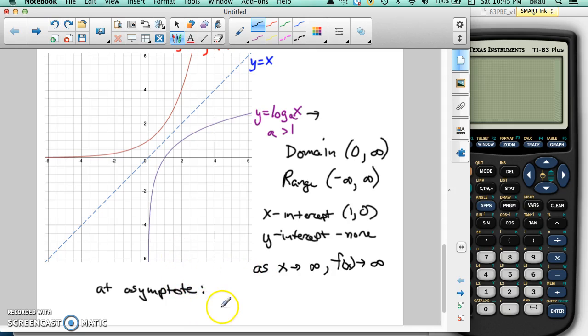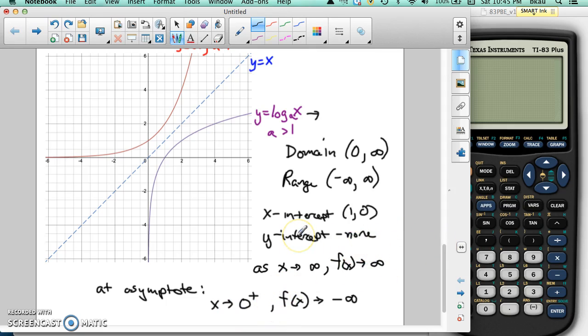At the asymptote, as x approaches 0 from the positive side, f of x approaches negative infinity. It goes down as we approach from the right hand side.